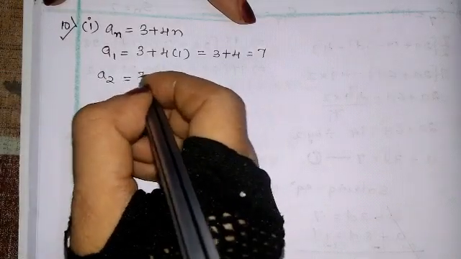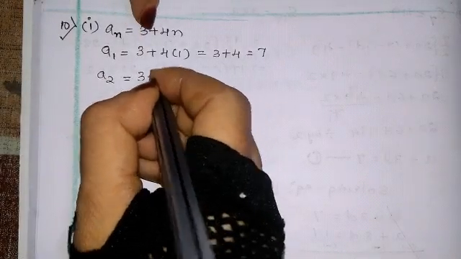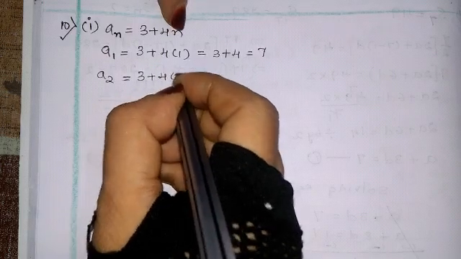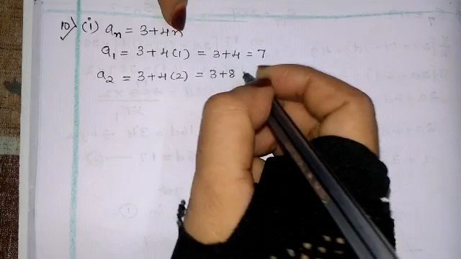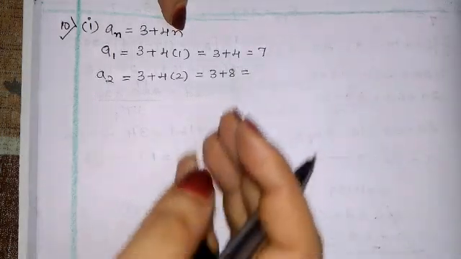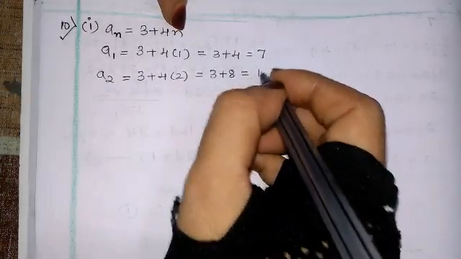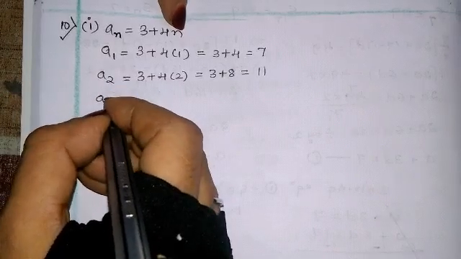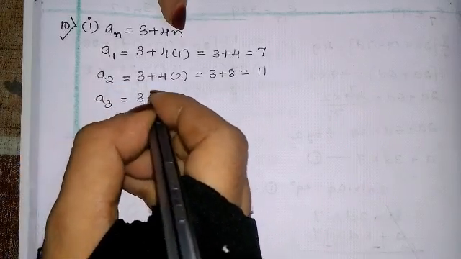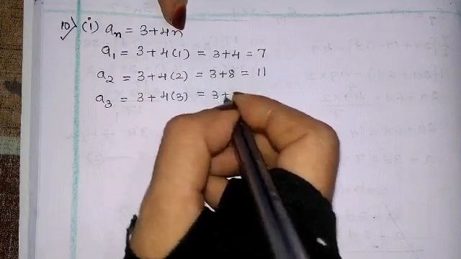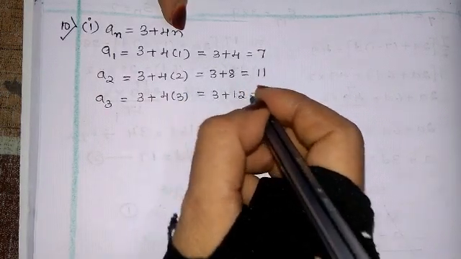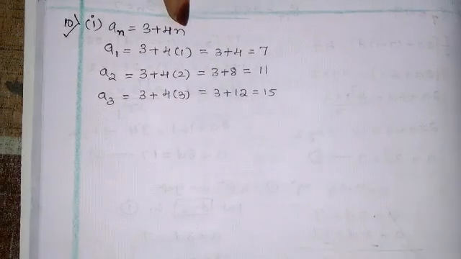A2 is 3 plus 4 into 2, is equal to 3 plus 4 twos are 8, 8 plus 3, 11. Okay, second term we got. Similarly, A3: 3 plus 4 into 3. 3 plus 4 threes are 12. 12 plus 3, 15. Like that we got.